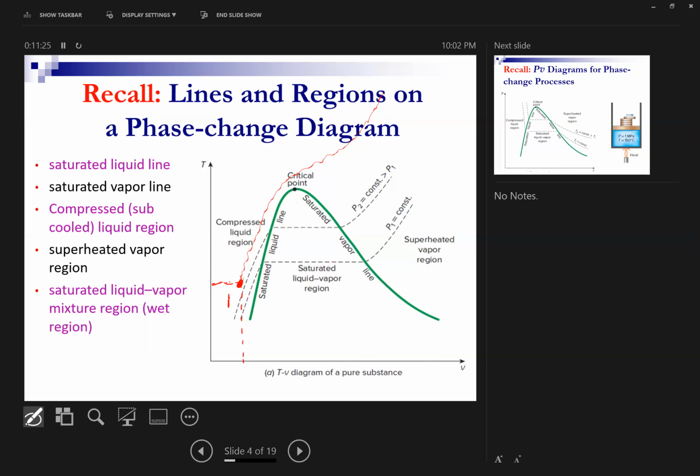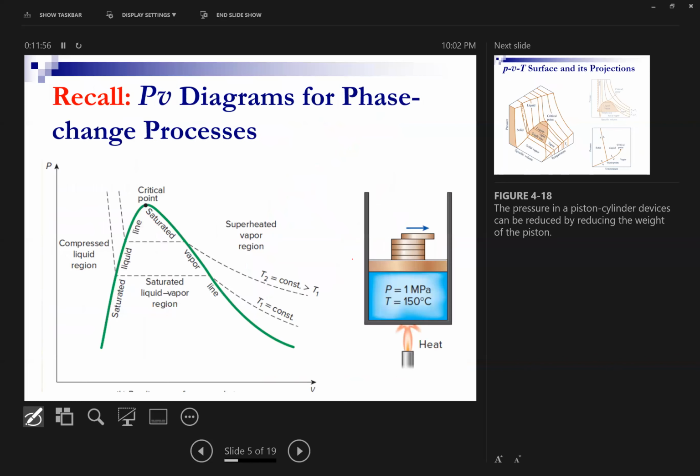On the right-hand side, I have saturated vapor line, which is actually all the states when my material is 100% vapor, but it is about to condense, meaning that if I remove just a little bit of the heat from it, it will begin to condense, right?